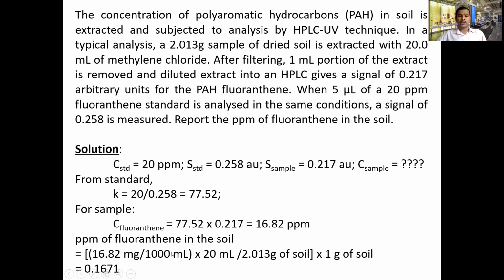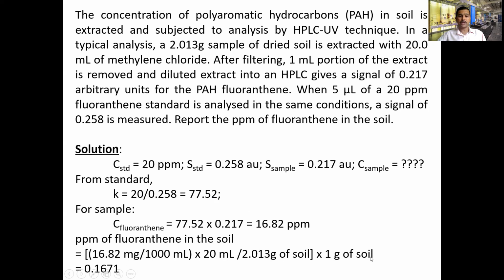So this is the amount of fluoranthene available in 2.013 gram of soil, because 2.013 gram of soil was extracted and prepared 20 ml extract. Therefore, in 1 gram of soil, how much fluoranthene is present? So ppm for solids means milligram per gram. So in 2.013 gram of soil, this much amount of fluoranthene is present.